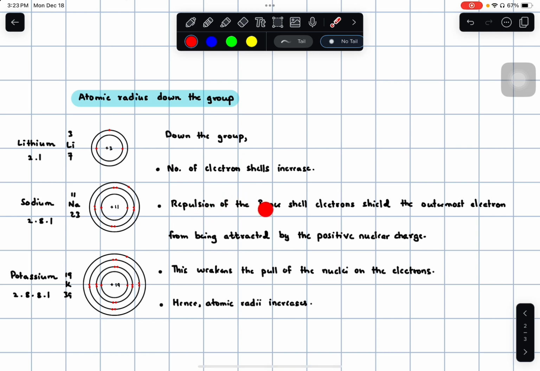And this repulsion of the inner shell electrons is going to shield the outermost shell electron from being pulled by the positive nuclear charge. It weakens the pull of the nuclei on the outermost electron. And that is also why, as you go down the group, the atomic radii will increase.